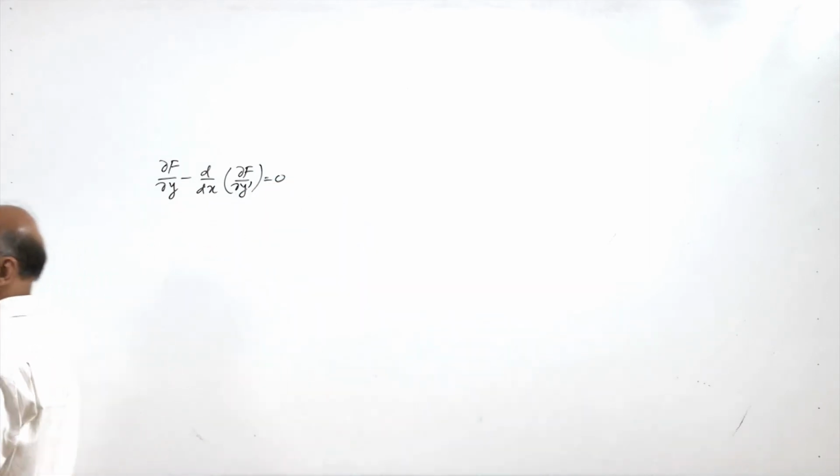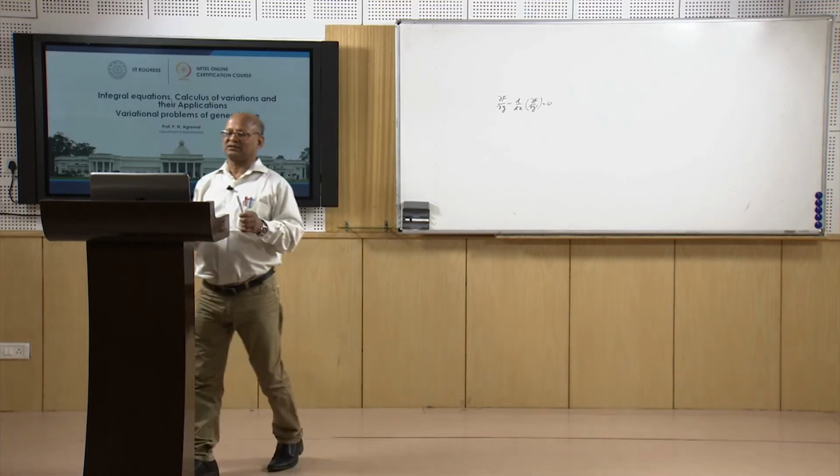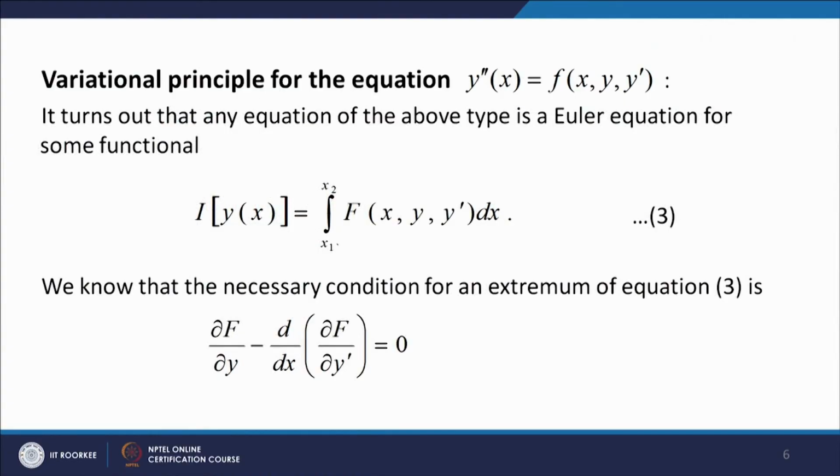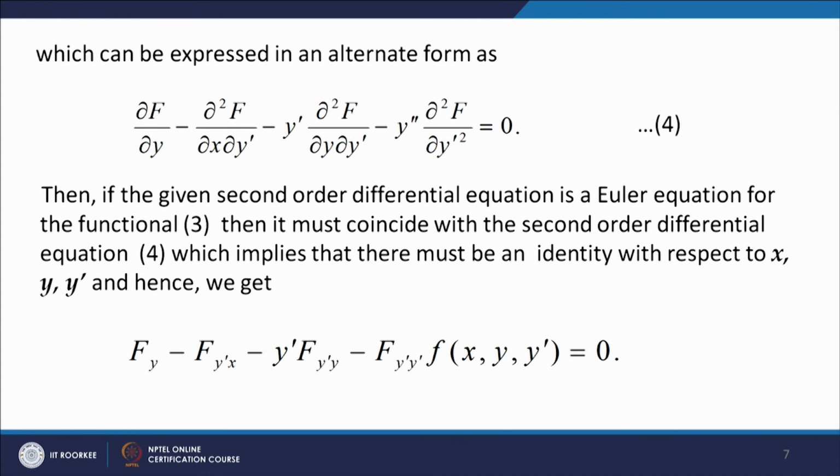We know already that if we have a functional like this, then the necessary condition for an extremum is this. Now this Euler equation can be put in an alternative form as ∂f/∂y − ∂²f/∂x∂y' − y' ∂²f/∂y∂y' − y'' ∂²f/∂y'² = 0.